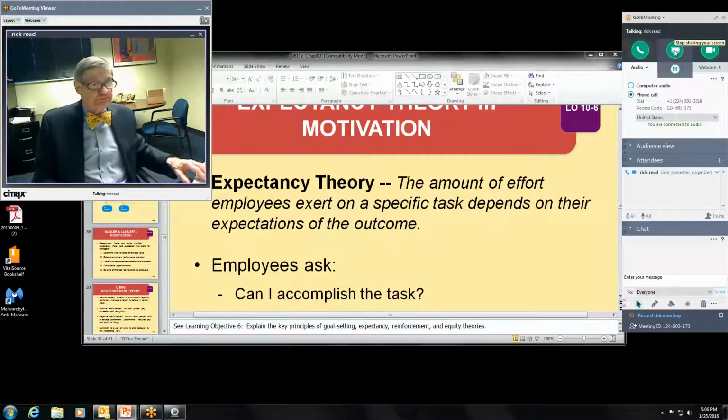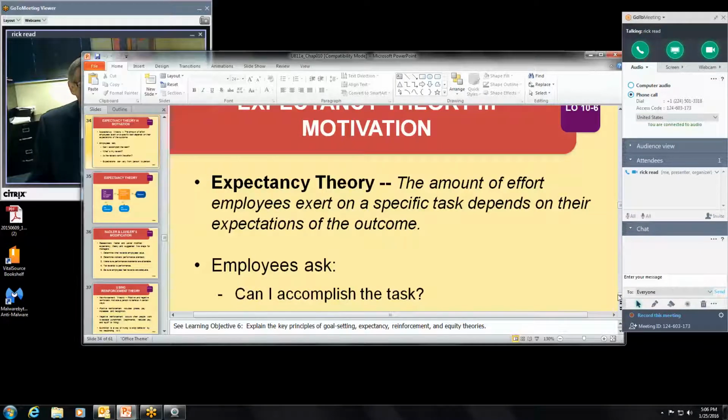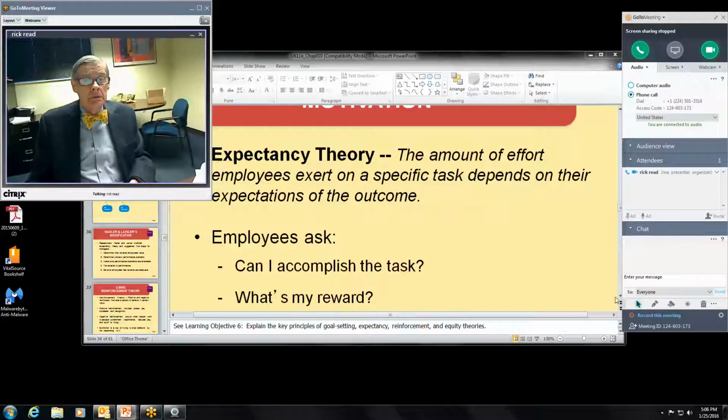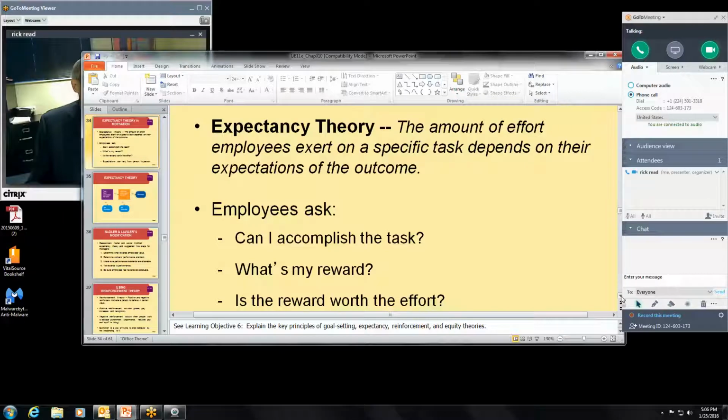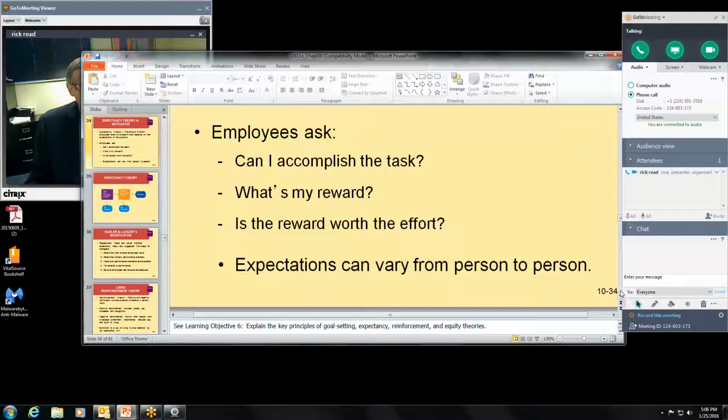And the employee is going to ask some questions down there. Can I do what I'm being asked to do? What's in it for me? Is what I'm being offered worth my effort? And last, notice that expectations can vary from person to person.